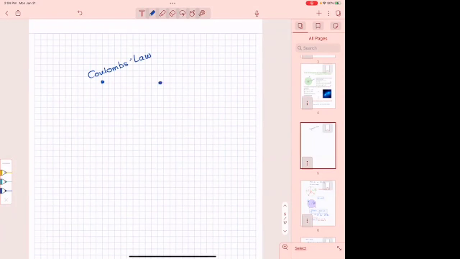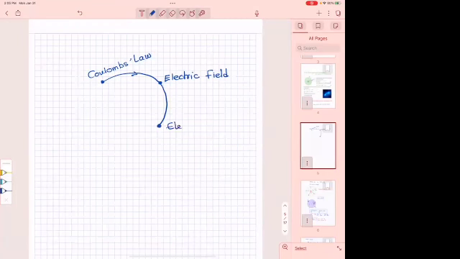From Coulomb's law, you can go to the electric field. All right. And then from the electric field, you go to electric flux density. And from there, you go to Gauss's law. And from there, you can go back to Coulomb's law.